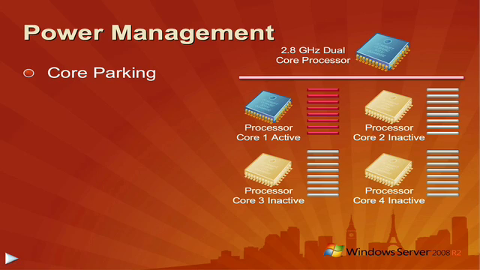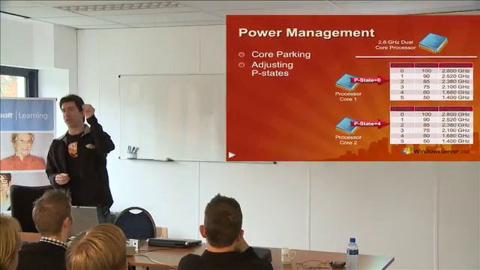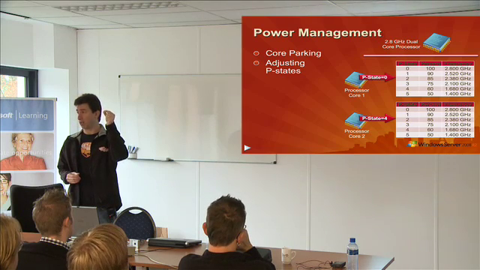Another way is through what we call P-states. P-states, instead of parking individual cores, what you're doing is you are controlling the frequency or clock speed of the individual cores.